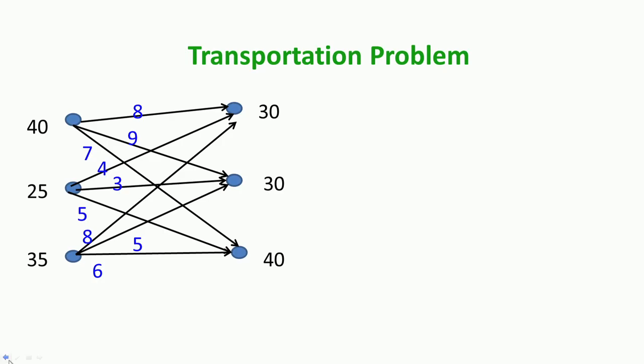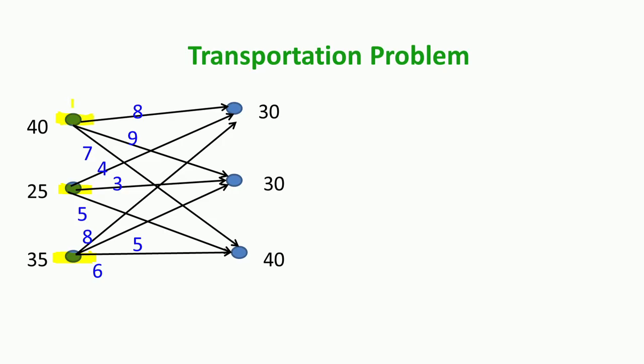So, this network shows a transportation problem where the item is available in 3 supply points. This is supply point 1, this is supply point 2, this is supply point 3. So, it is available in 3 places.